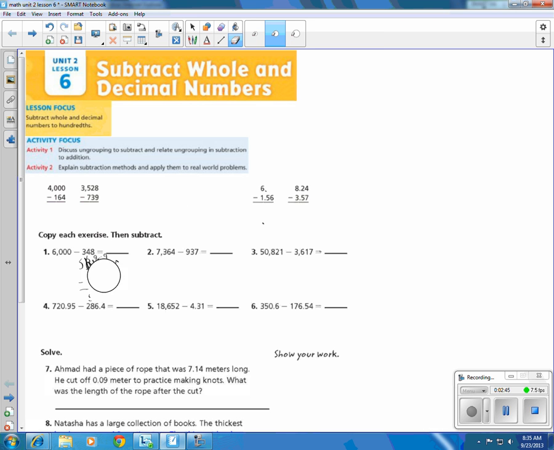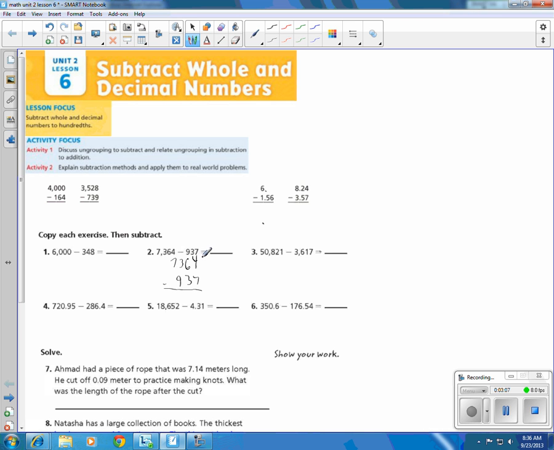And this next one is another whole number subtraction problem. We have 7,364 minus 937.